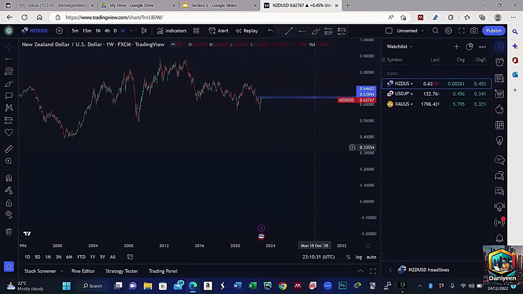Top-down analysis is simply doing your analysis from the higher time frame down to the lower time frame. So what does this mean? For example, this is the weekly time frame. If you want to do your analysis, you have to come to the higher time frame because you always have to know what trend the market is in. You always have to follow the trend and try to catch the continuation.